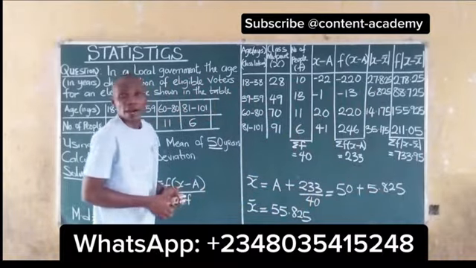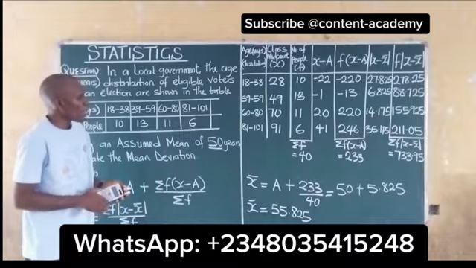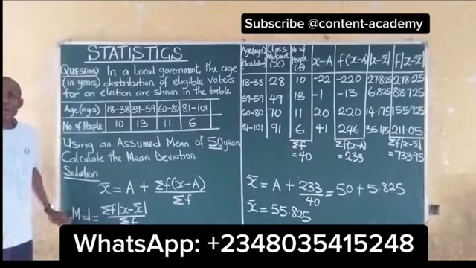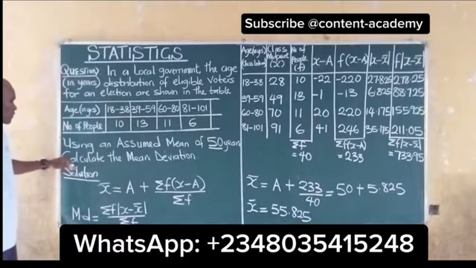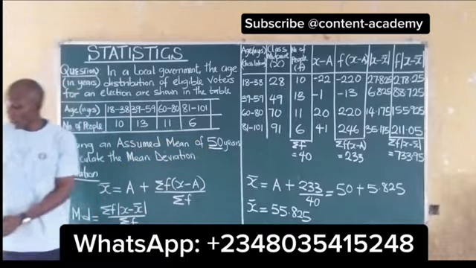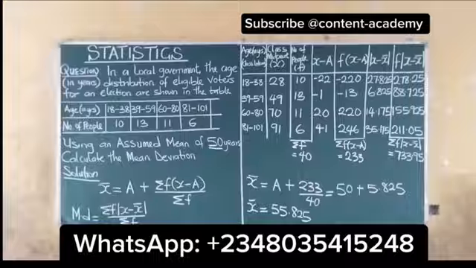Now that is what we have. The next thing to do is to compute our mean deviation, if we are given an assumed mean of 50. So move over to the other side of the board.